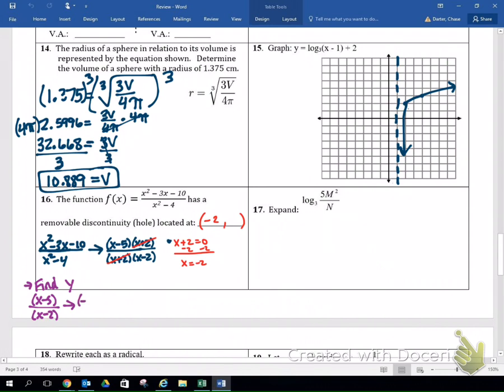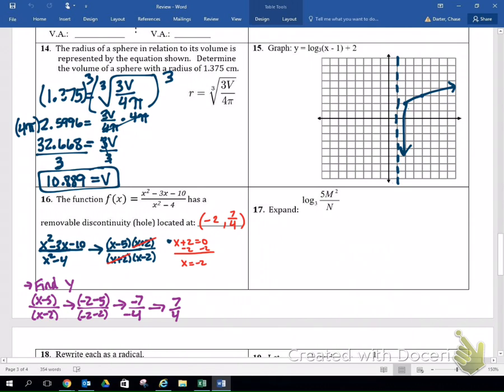We're going to plug in negative 2 because that's the x value of the hole, and we're trying to find the y value that goes with it. When we do that, we get negative 7 over negative 4, which, since they're both negative, will actually make them both positive. So my hole would be negative 2 comma 7 over 4.